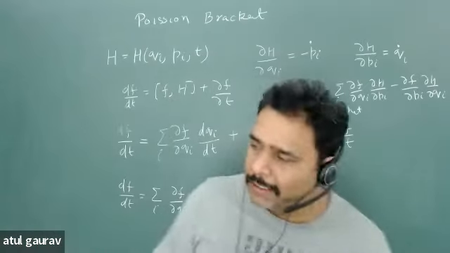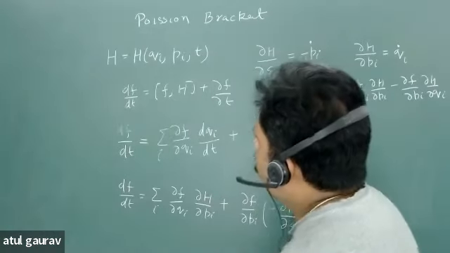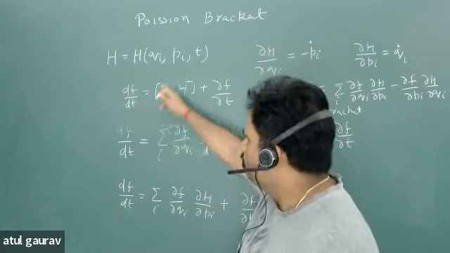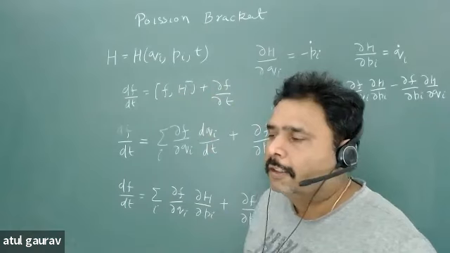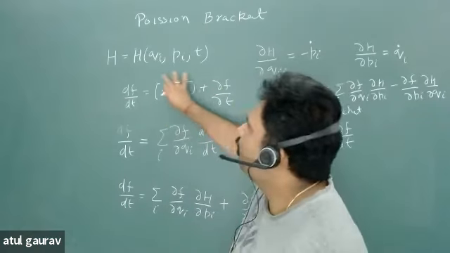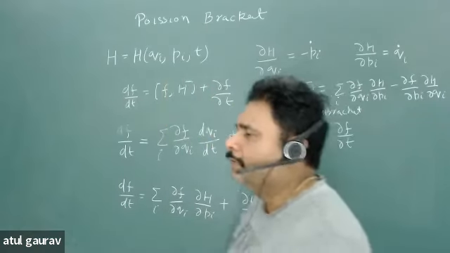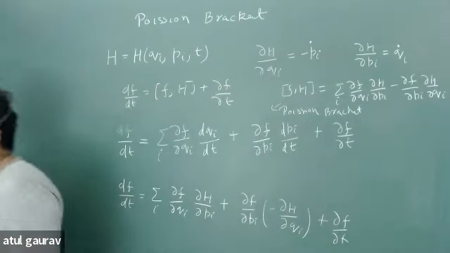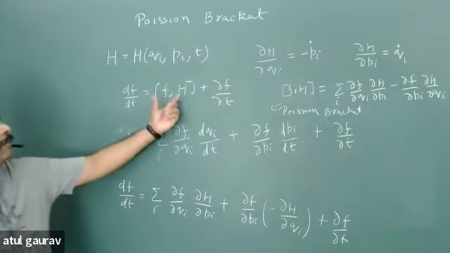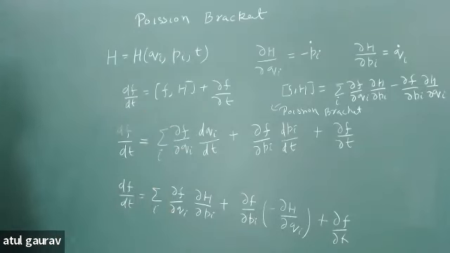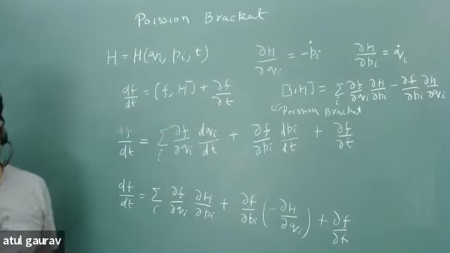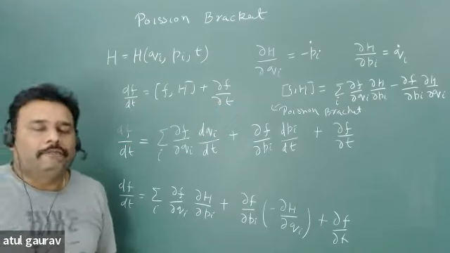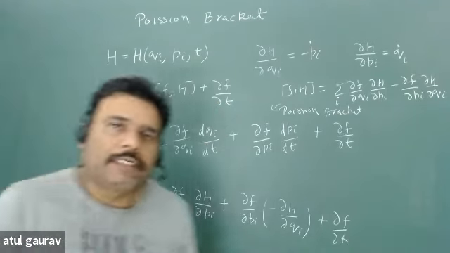Now look at the beautiful part. Here df upon dt is equal to the Poisson bracket between f and h plus del f upon del t. In future, if you go into quantum mechanics or even in classical mechanics, this is identified as some type of commutator. And you can find that it is not the factor of only time that will govern whether f is conserved or not.